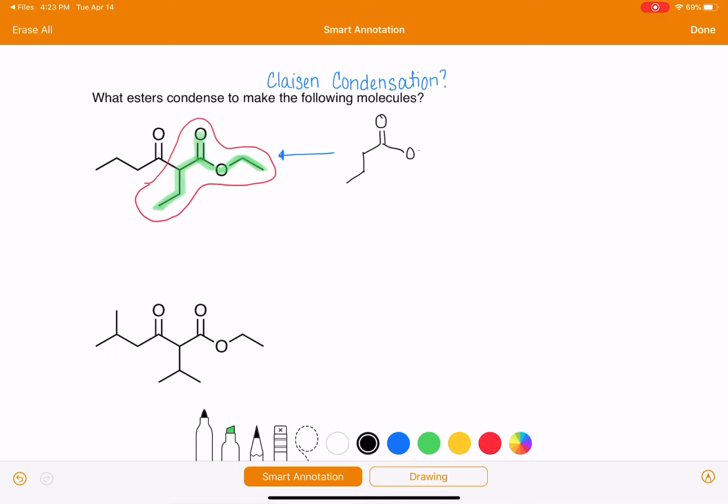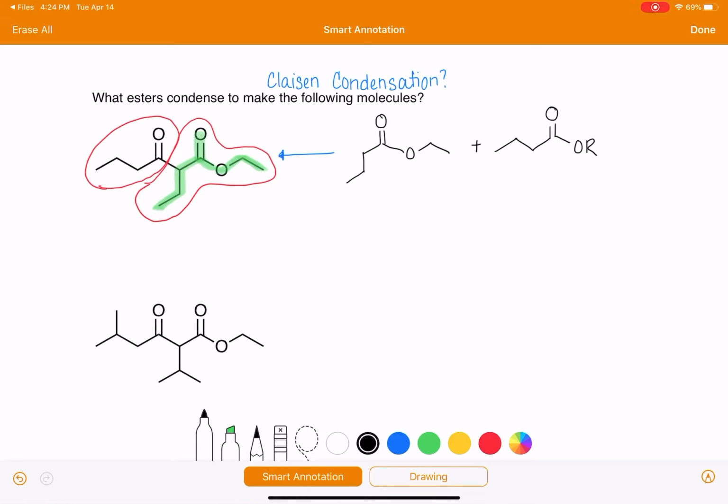And I'm just redrawing it exactly the way that it is in that molecule, same bond angles and everything. The other portion of the molecule comes from the second ester. And that second ester has an OR group on it, and it lost its OR group in the process of the reaction.